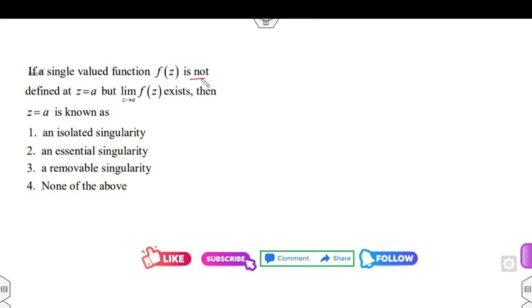If the value is not defined at z equal to a, but the limit as z approaches a of f(z) exists, what does it mean? If the limit exists, we call it a removable singularity.